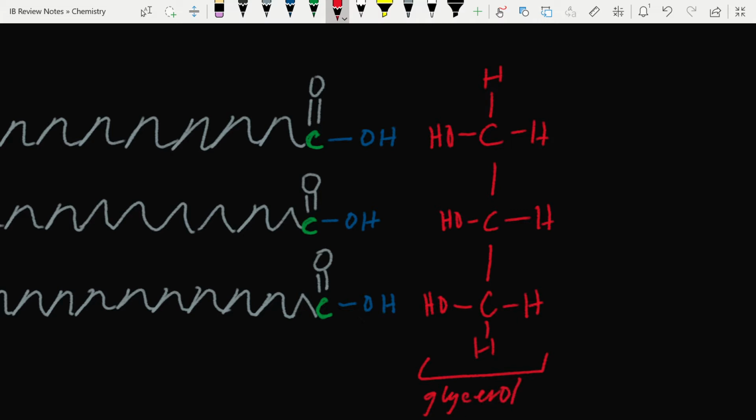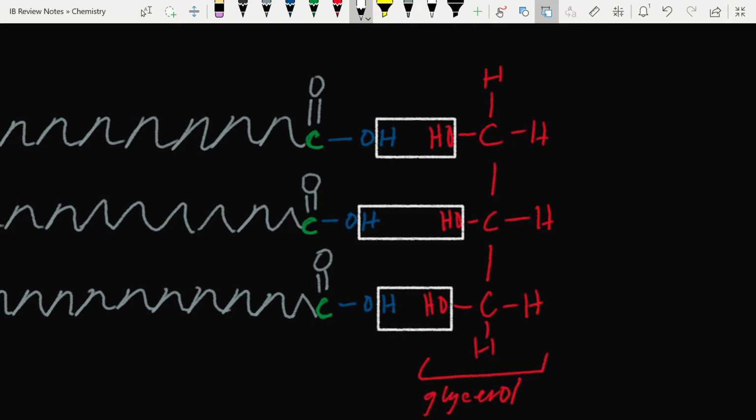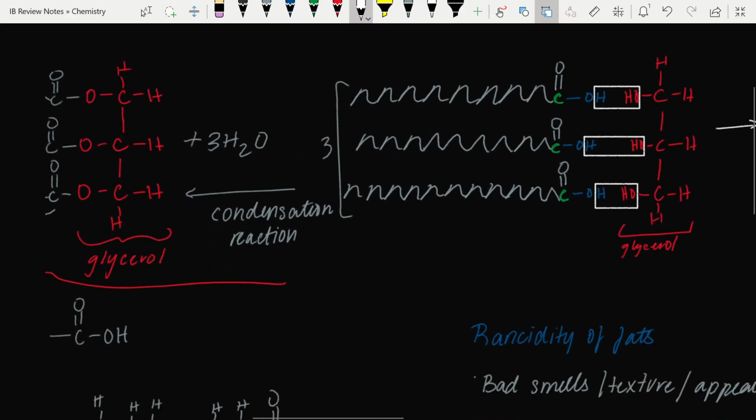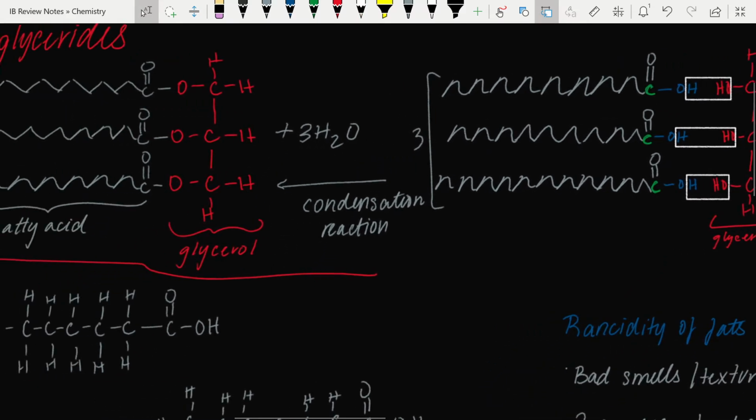So now when we want to combine the two using condensation reaction, we combine this H and this OH to make 3 H2Os. And we learned condensation before in the unit.